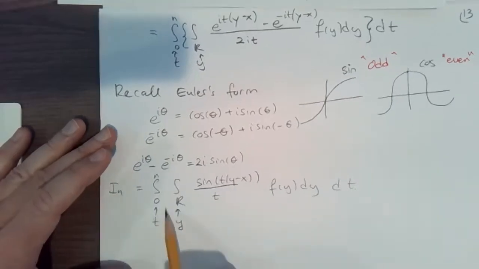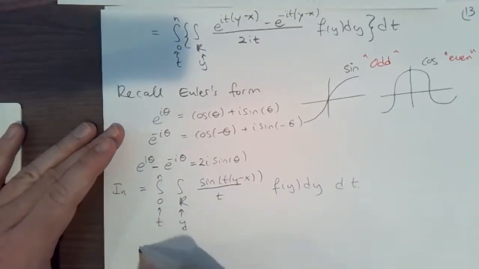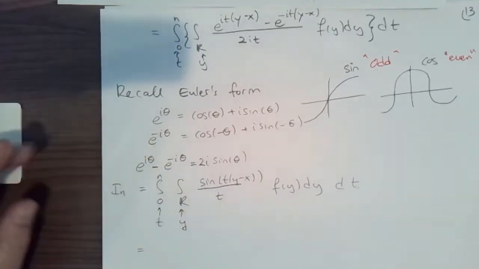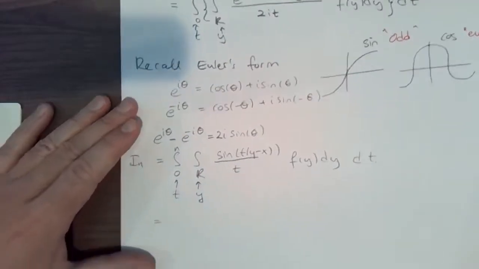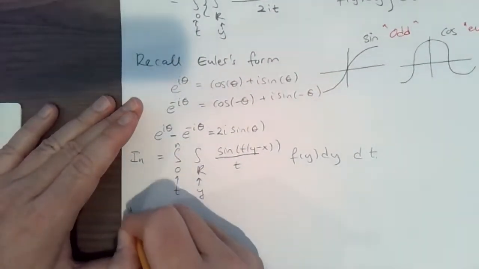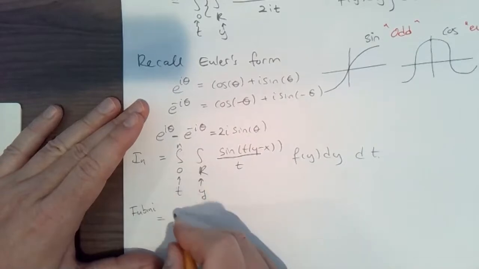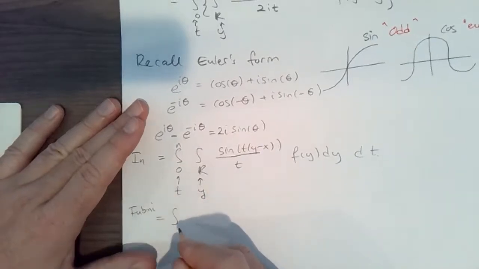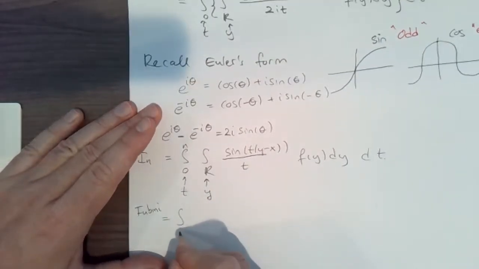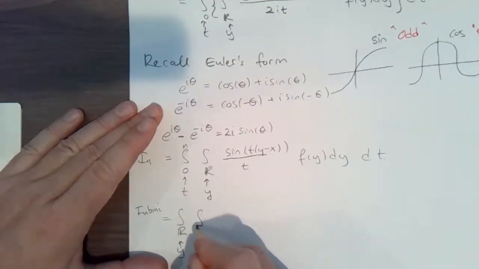Then comes the time where we can do the swap. We'll use Lecture 4B. We'll switch them around, so now the y integral is going to come outside. This here is my y variable, and 0 to n is my t variable.